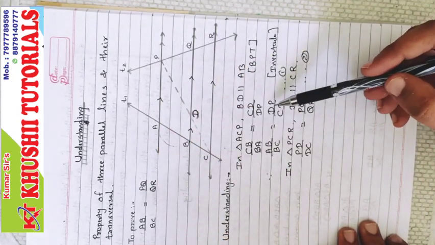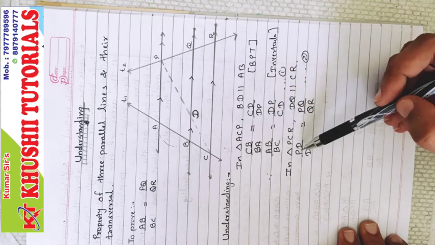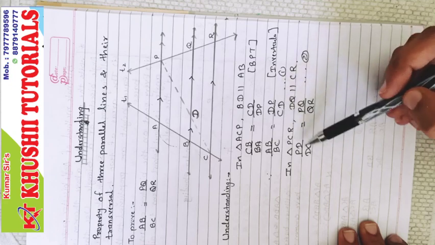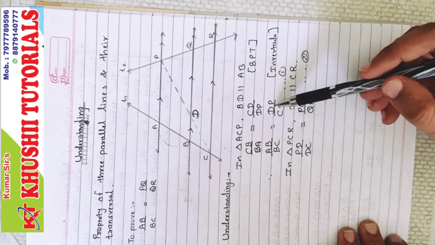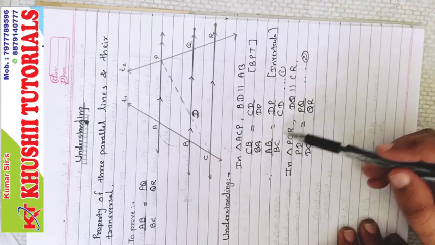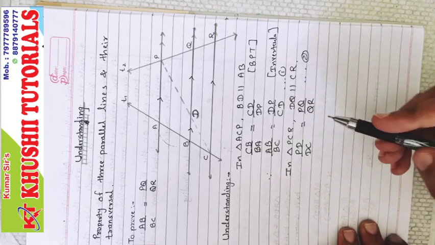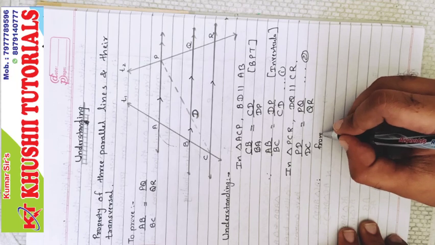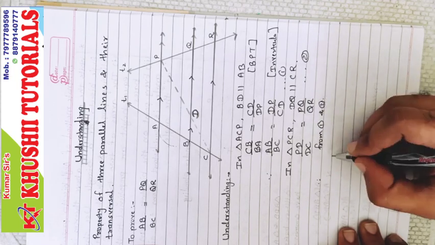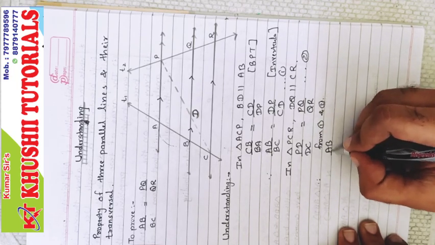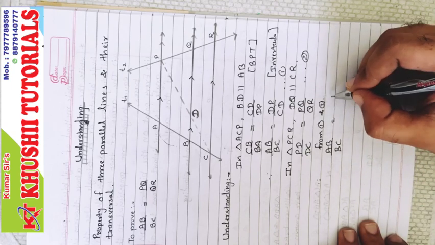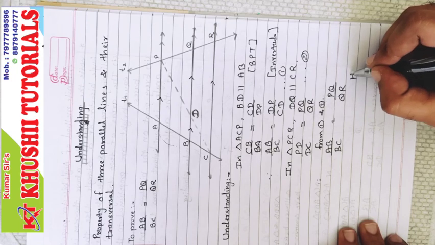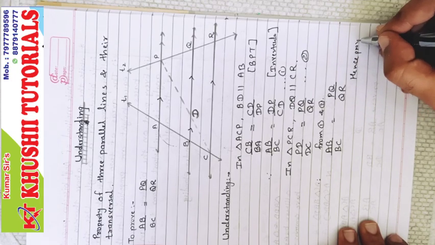Now if you notice, DP and DC are the same in 1 and 2. If these two parts are the same, then the other two parts also will be the same, from 1 and 2, that is transitivity. Therefore from 1 and 2, AB upon BC equal to PQ upon QR. Hence proved. Isn't it very easy?